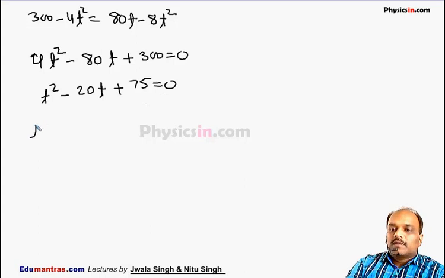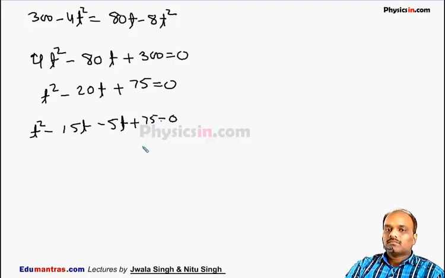Now this can be written as t squared minus 20t plus 75. I will split this 20 into two parts: minus 15t minus 5t plus 75, that is equal to 0. From here we can say t minus 15 multiplied by t minus 5 is equal to 0.